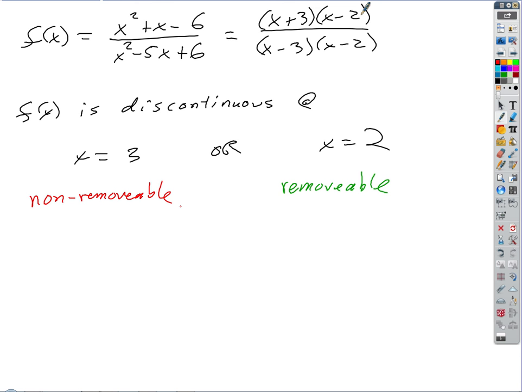Essentially fill in the hole and take the limit, right? Does that make sense? So this one we know, because it shares the same 0, is a hole, a point discontinuity. This one over here, though, is not, because if I were to take the limit as x approached 3, we would have gotten a number divided by 0, which we recognize as being a vertical asymptote, right? So it's non-removable. If we want to be more specific, it's infinite.